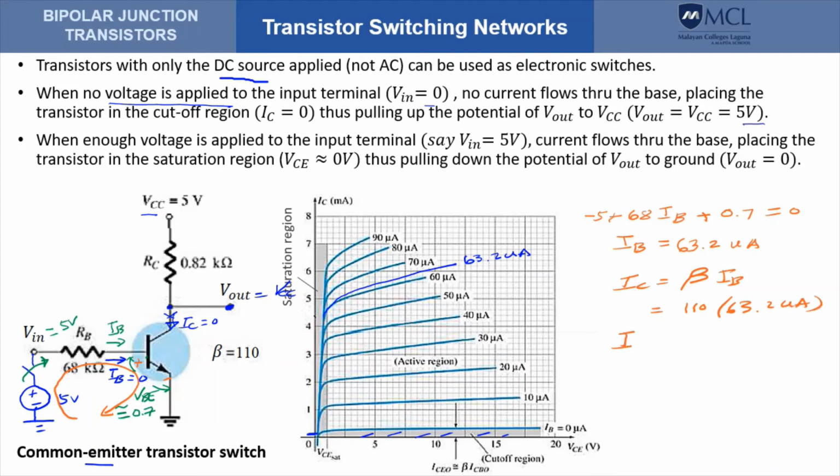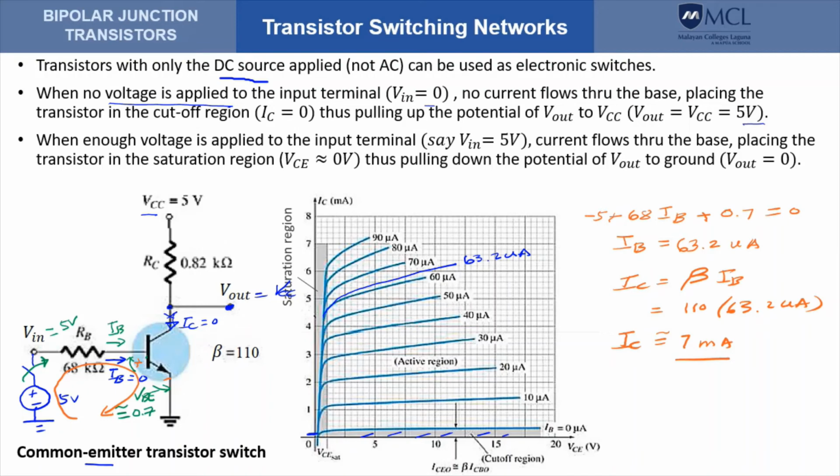So I sub C there will be approximately 6 or 7 milliamps. That is the estimate for I sub C there.